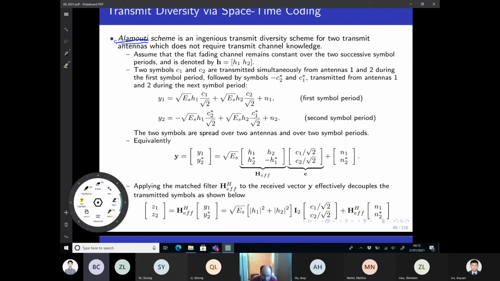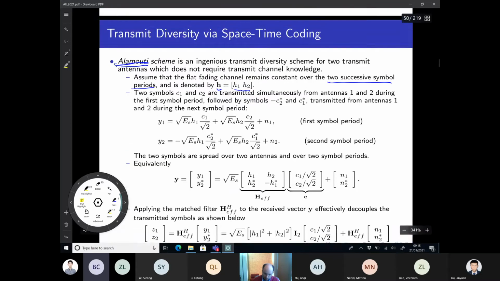Now, how does that work? This is something that you may have seen before, maybe in advanced communication theory. The idea is the following. Imagine you have your channel vector H made of two coefficients, so you have two transmit antennas and one receive antenna. And you want to make use of two successive symbol periods.